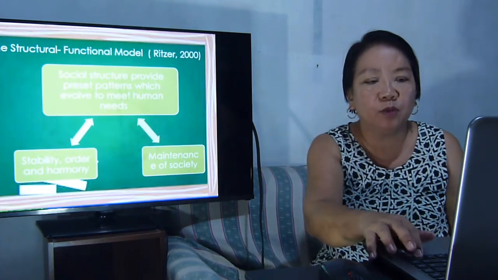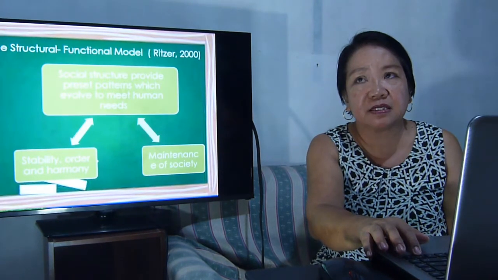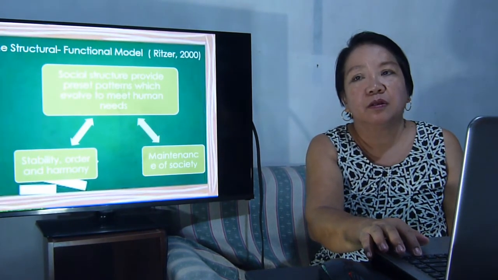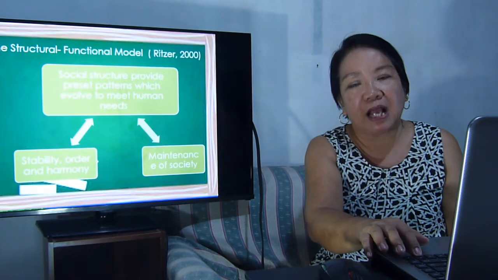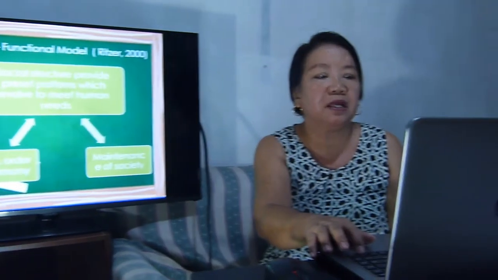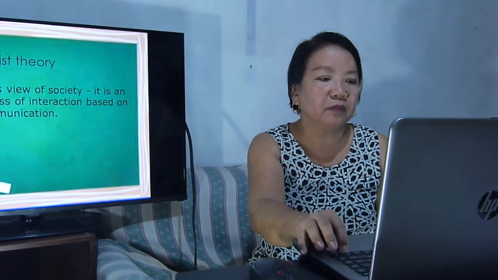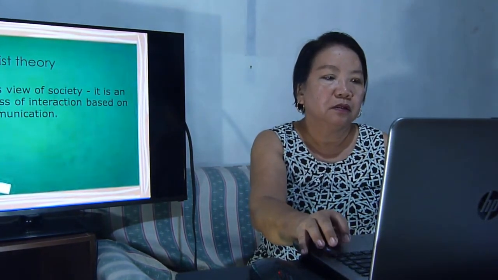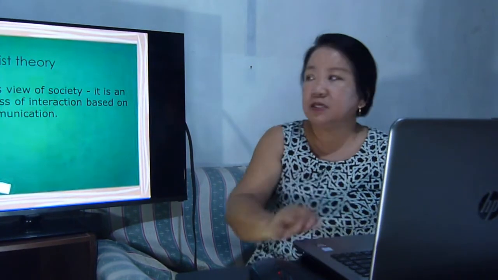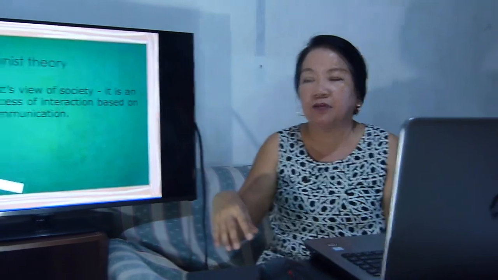No? Gawin mo ang iyong nararapat na gawin. As a son or daughter, anak ka, pinapag-aral ka, gawin mo yung dapat mong gawin. Ibig sabihin, dapat ay mag-aral. Okay? Let's proceed. So, that ends our discussion on structural functionalism.